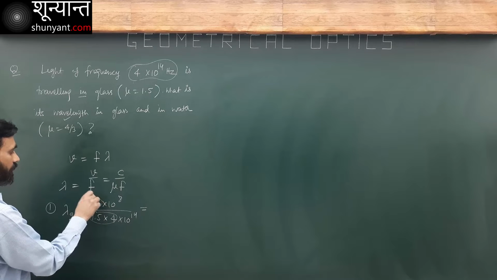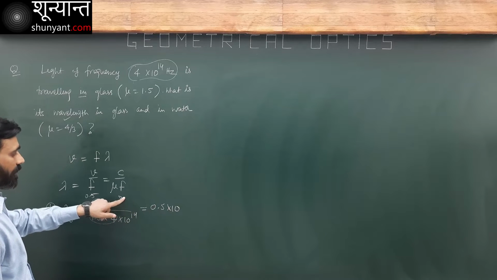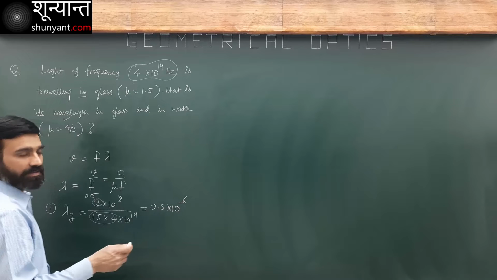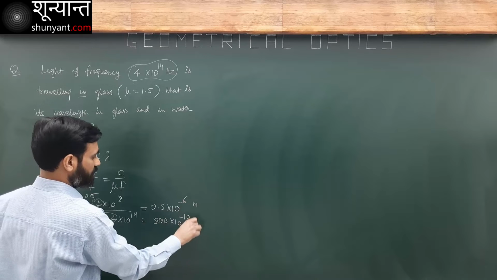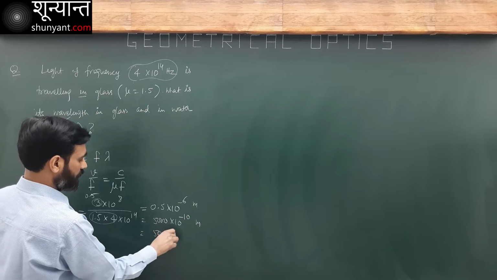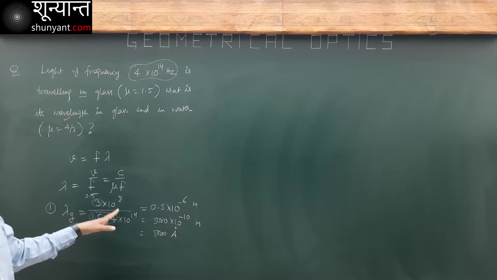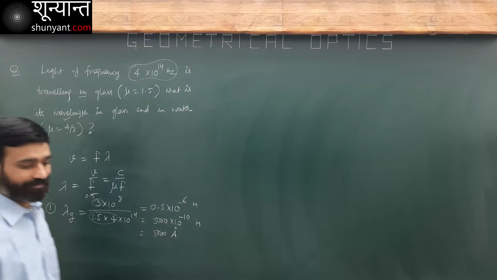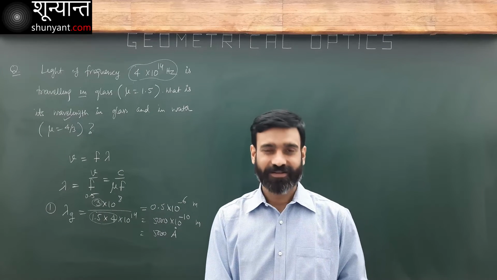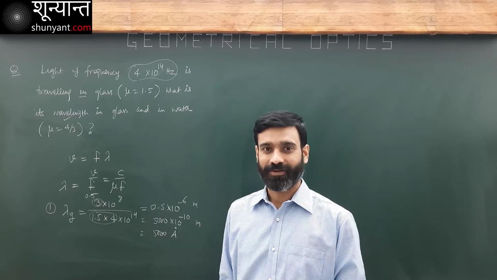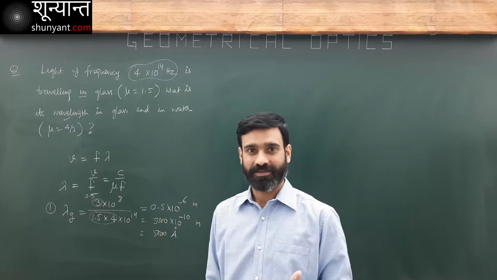This becomes 0.5 into 10 power minus 6. That will become 5000 into 10 power minus 10 meter. This becomes 5000 angstrom. 1 angstrom is 10 minus 10 meter. Similarly, we can do it in water also. A general, simple, brief introduction about refraction.